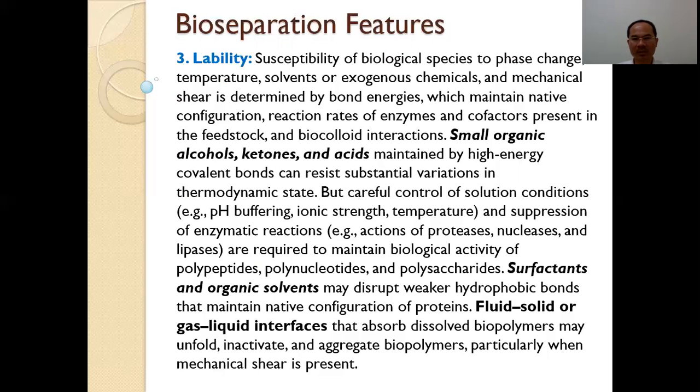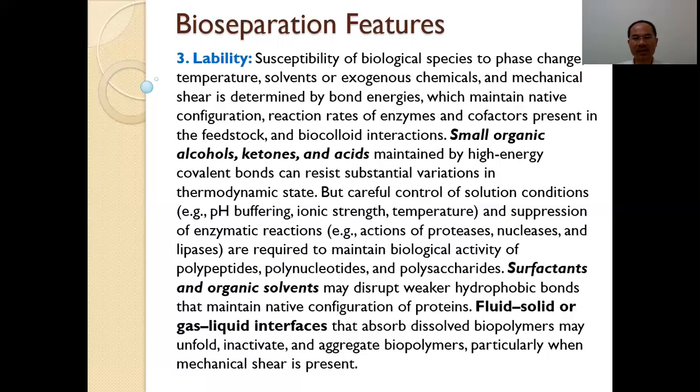For example, small organic molecules like alcohol, ketone, acid can be maintained by high energy covalent bonds and can resist variation in the molecular state. How to break the bond of this, what method should we use? We have to consider this also.